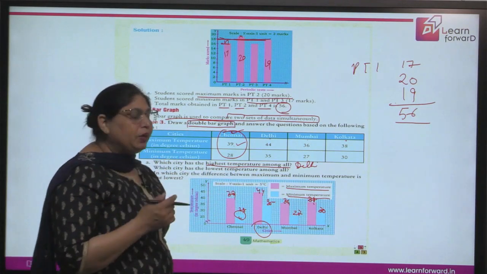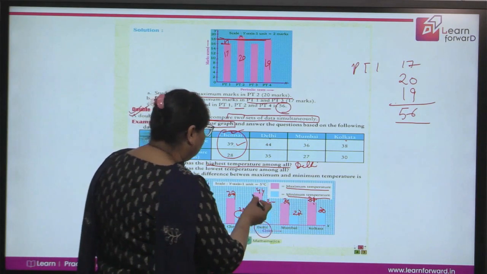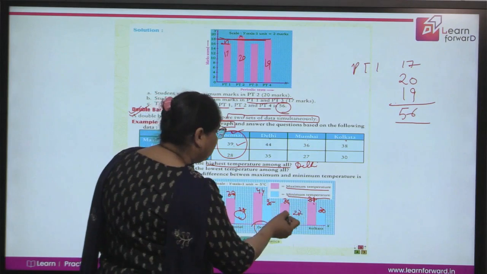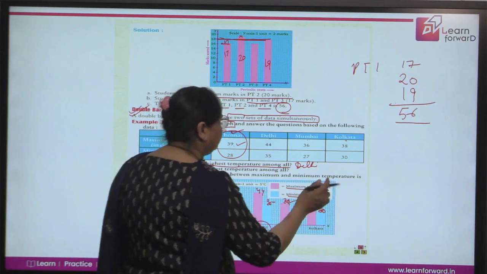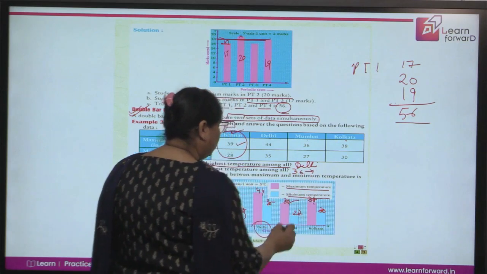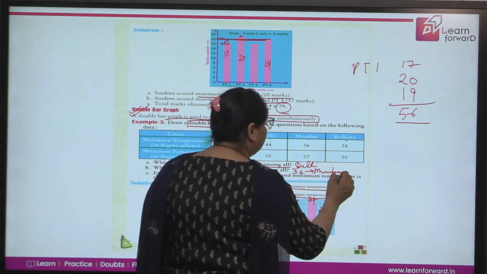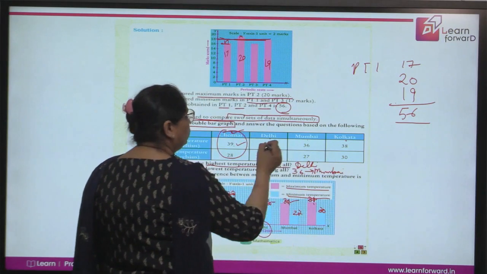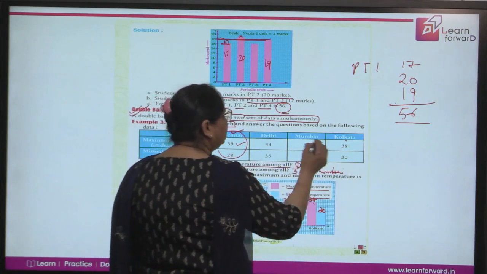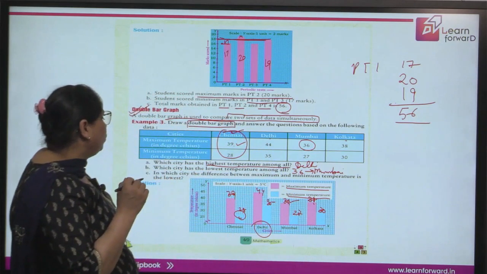The lowest temperature of all is 36, for Mumbai. You can see from here also, 39, 44, 36, 38. This is the lowest temperature.